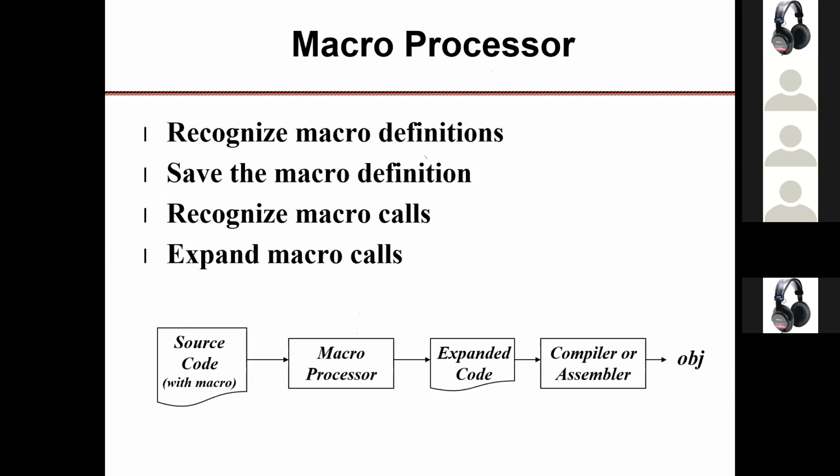We talked about what its purpose was, why we had this, some advantages and disadvantages, and what's different about a macro processor from an assembler or compiler. So now let's look at some of the details of what makes this thing actually work and how to actually implement these, because it's kind of cool.